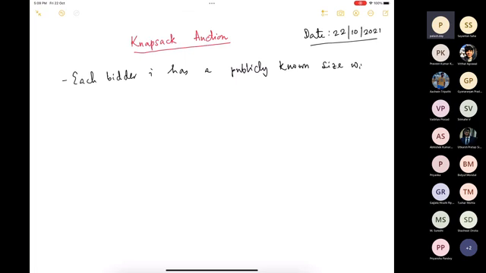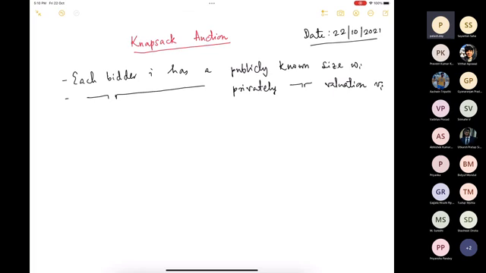The size Wi you can think of as the amount of time that it takes for the advertisement of bidder i to show. So that is publicly known. Then each bidder i has a privately known valuation Vi.